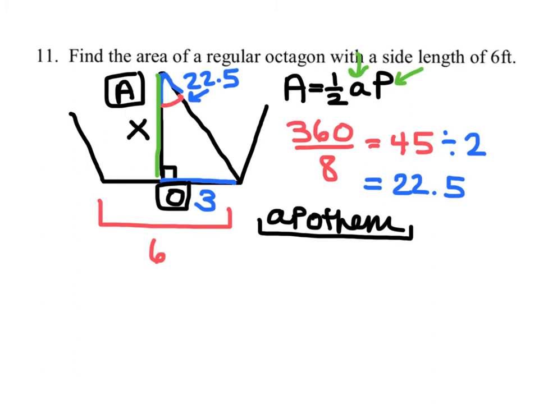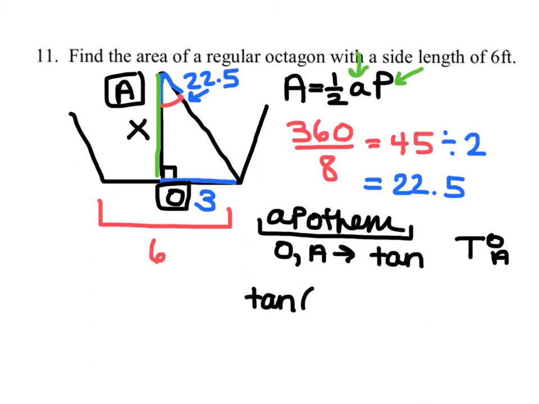I'm going to set up a tangent problem because it's TOA. So I have tangent of 22.5 is equal to the opposite side 3 over my adjacent side x.